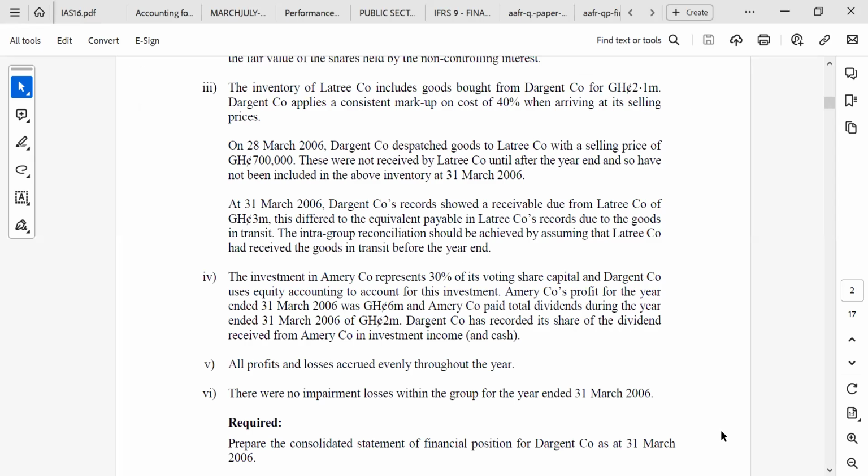The parent has recorded its share of the dividends from the associate in investment income. So where would the investment income go for the parent?